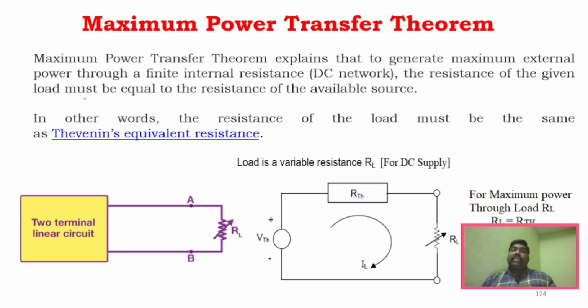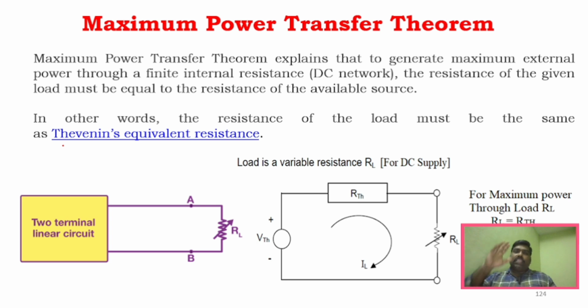That is, it can transfer the maximum power to the load only when the load resistance is equal to the source resistance. We can also say in other words that the load must be equal to the Thevenin equivalent resistance, right? Thevenin's theorem is a very important theorem. If you understand Thevenin's theorem, you can definitely solve the maximum power transfer theorem as well.